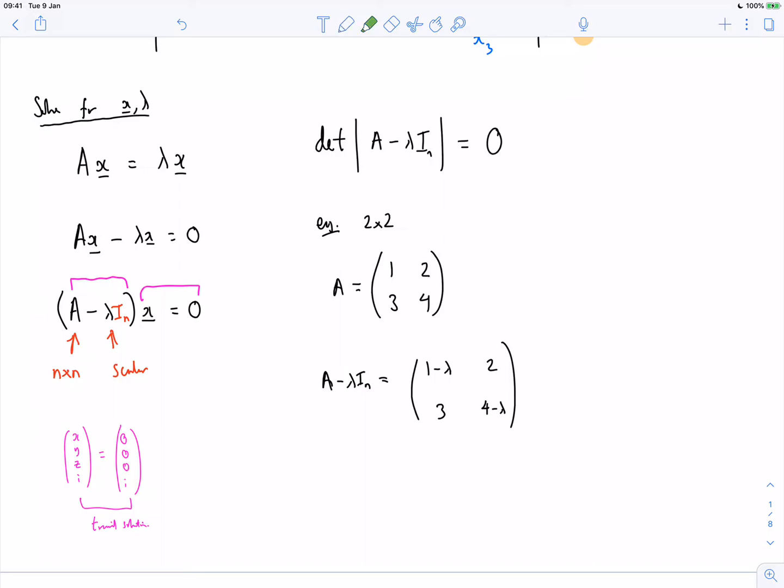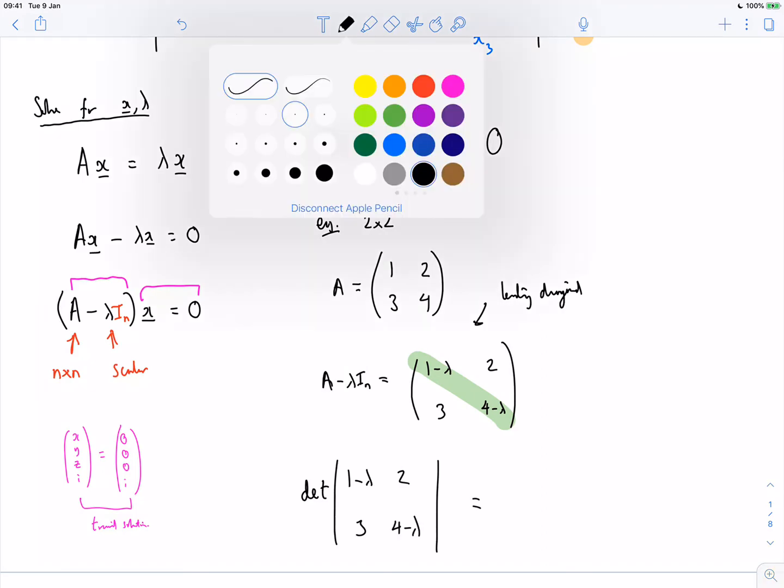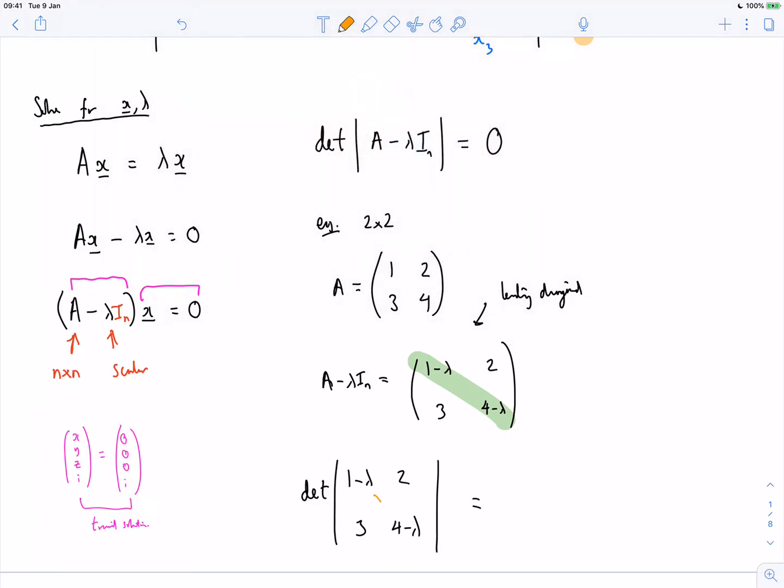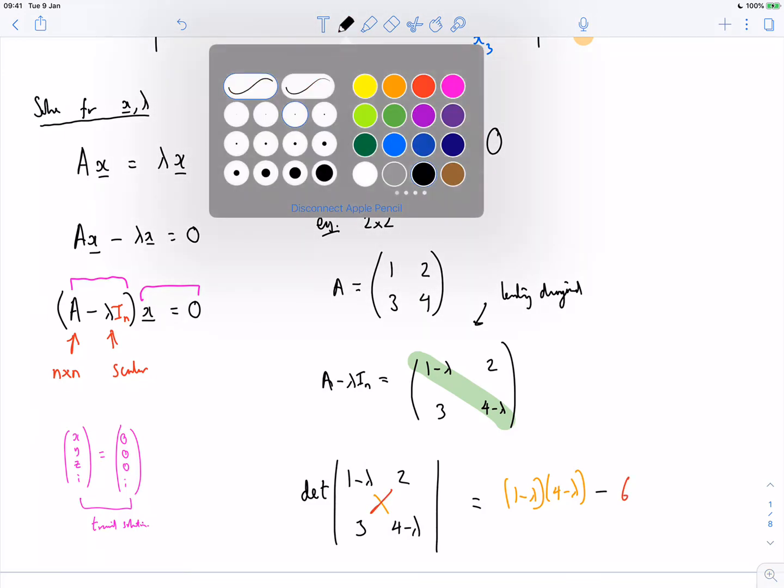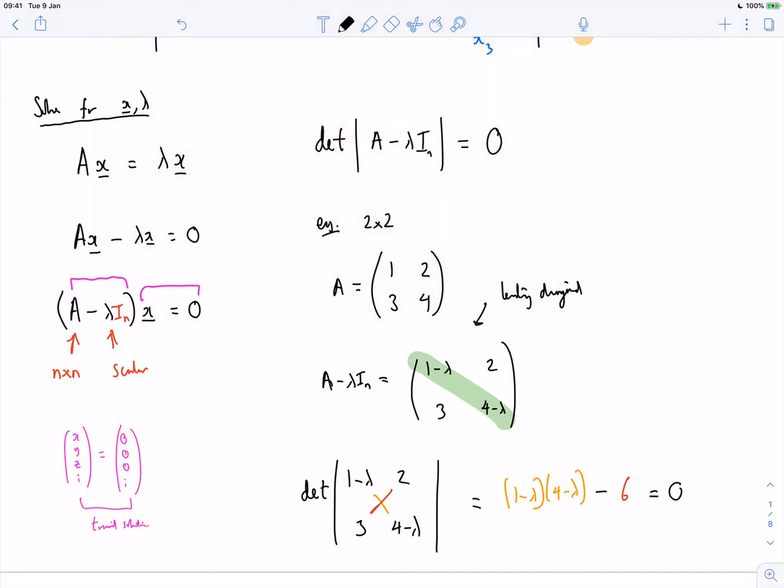What happens is you just subtract lambda from this thing, which is called the leading diagonal. And now all we need to do is find the determinant of this thing. As you should know from 2 by 2 determinants, it's that times that, which is 1 minus lambda times 4 minus lambda, and then subtract this product, 2 times 3, which is 6. And now I need to set this equal to 0 and solve for lambda.